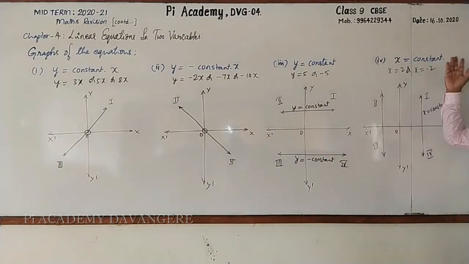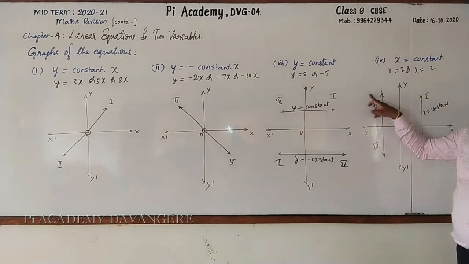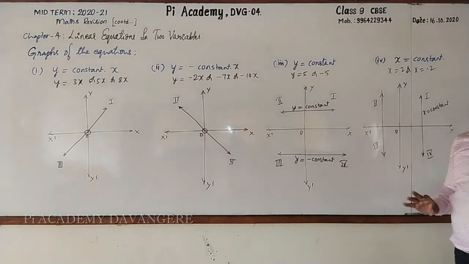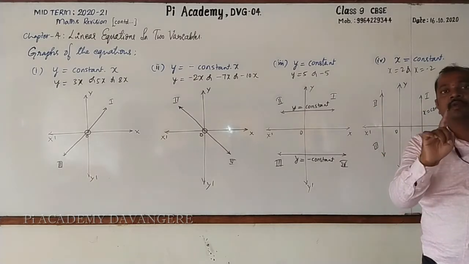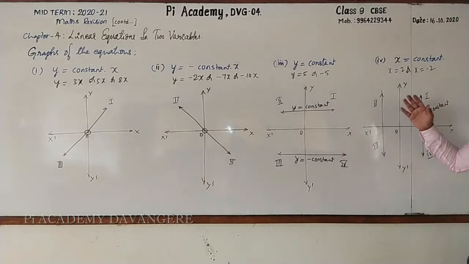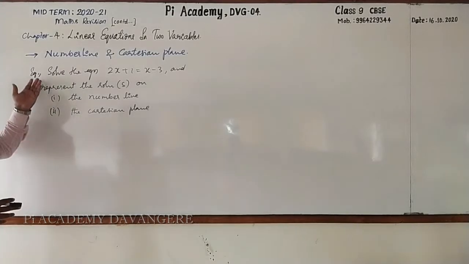If x equal to constant, then the graph of that equation will be parallel to the y-axis. If it is positive, it passes through the first and fourth. If it is negative, it passes through the second and third quadrants. Chance of this being given in the examination for 1 mark. Yes, you may go for copying this. Dear students, please go through this.